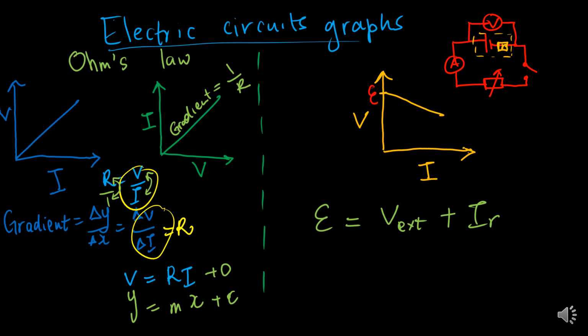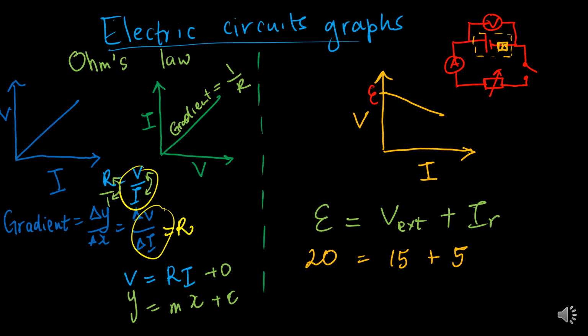If, for instance, this is a constant 20, and let's say the V internal after you close the switch is, let's give it 15, and the V external is 5, right? This is a variable resistor, which means you can change the resistance here. Let's say they decrease the resistance, and that means they're going to increase the current, because current is inversely proportional to resistance for a constant EMF, right?